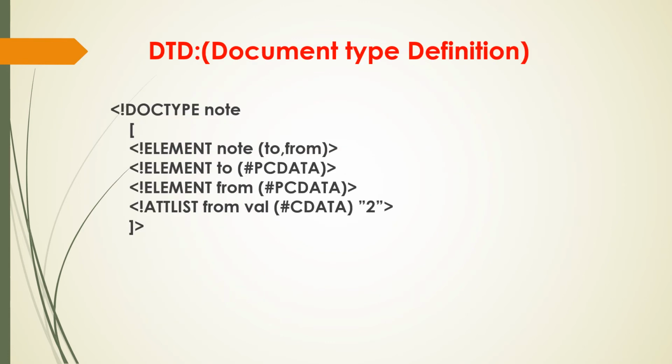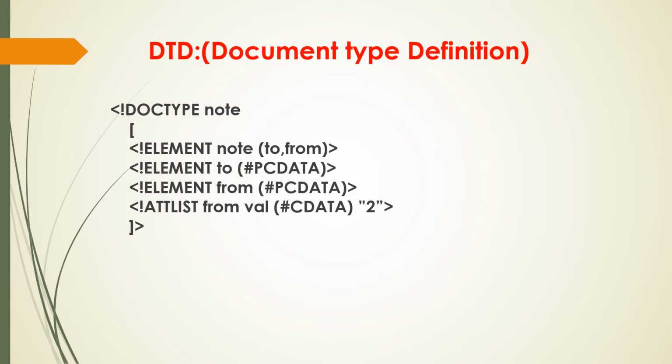Let's see the document type definition for the given XML program. A document type definition begins with the DOCTYPE command. DOCTYPE indicates the root tag name. Here the root tag is note.